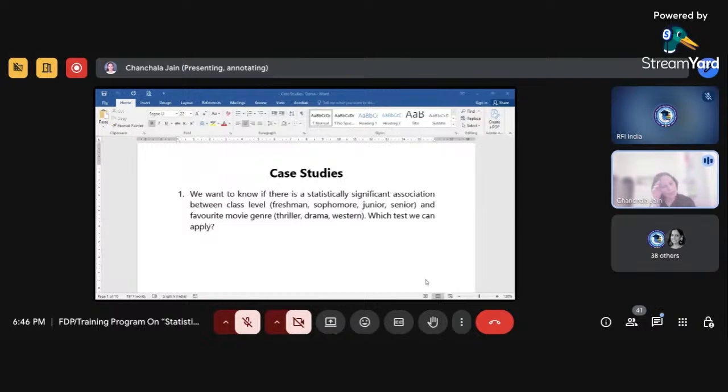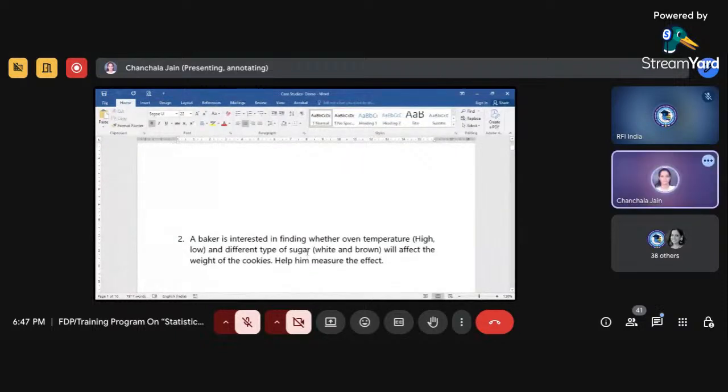So in that case, we will only have the counts available: how many of the freshmen are watching thriller, drama, or western movies, likewise. So when the count is there, we need to find an association. These two categorical variables are given, so we will go for the chi-square test, that is the test of association. Getting it? Yes, ma'am. Fine. Next is this.